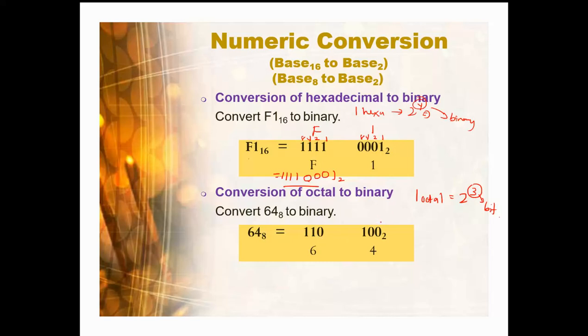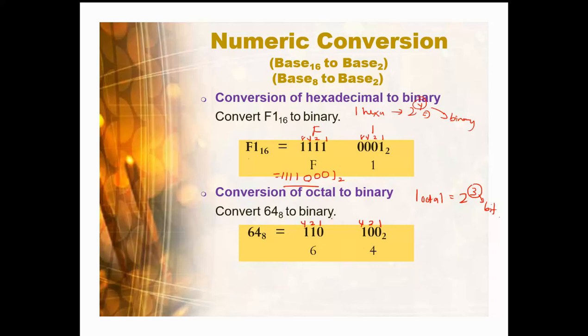Kita tahu values of base 8 adalah 7, maximum, so 0 hingga 7. So the values in the binary is 1, 2, 4, because when you add, its maximum is 7.